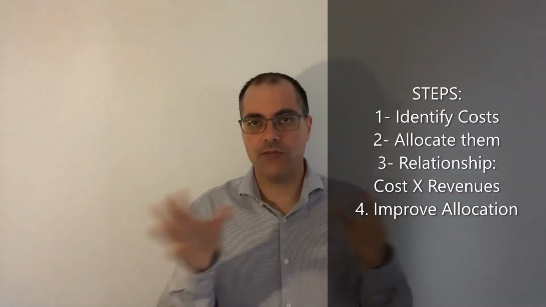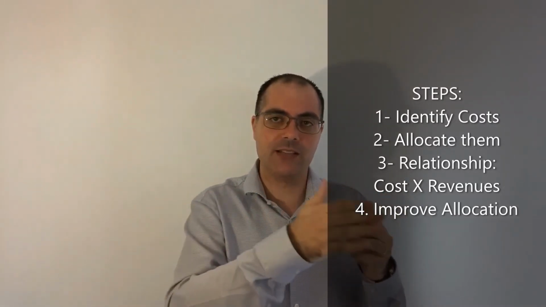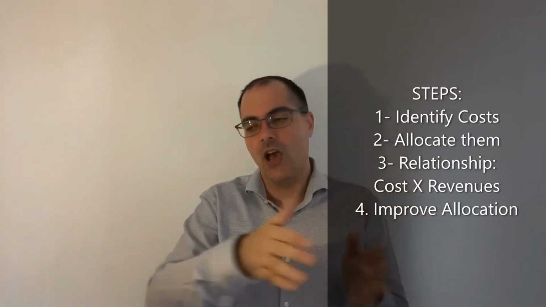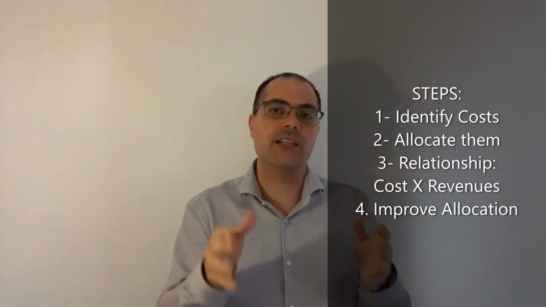Theoretically, by investing more into a call center focused on sales, you should get more sales and more revenues. So you have a relationship between what you're investing and the results that you get in your revenues. You can always use bigger companies as a proxy to see how the results should look, in terms of, let's say, you invest 10, you should get 100 in sales. Of course, bigger companies will have different results, but you can adjust it over time. And as you do this cost allocation over time, and see how the cost results in higher revenues, you will get how this works for you specifically.